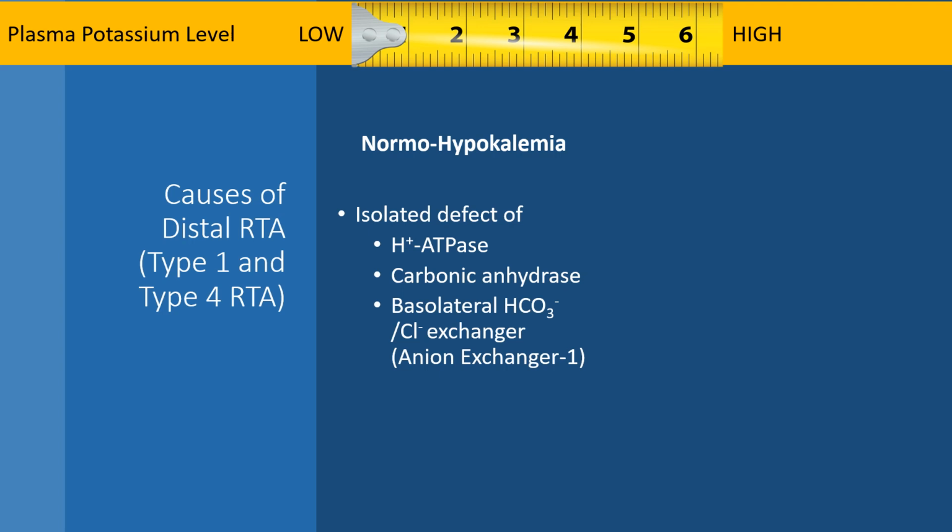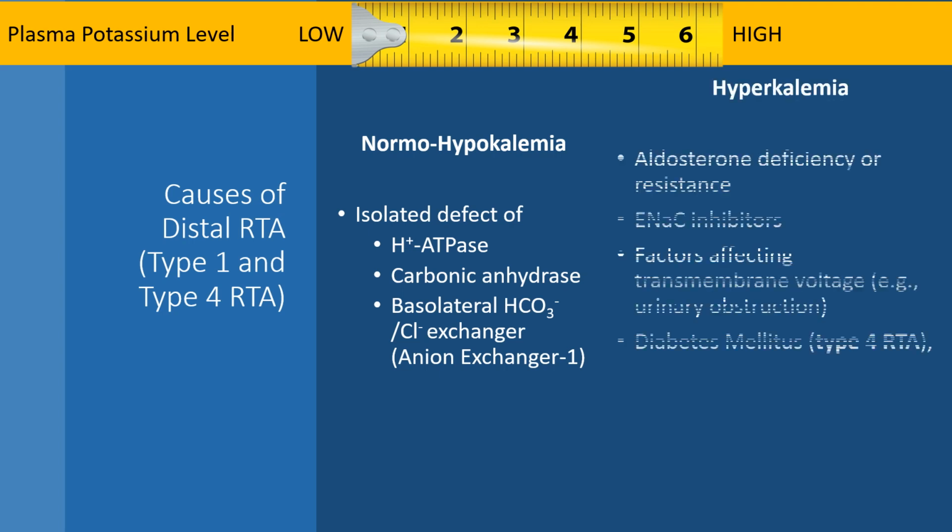Distal RTA associated with hyperkalemia may include aldosterone deficiency or resistance, anything that affects potassium secretion from principal cells such as ENaC inhibitors, or urinary obstruction that dissipates the favorable electrochemical gradient required for optimal potassium secretion from principal cells.